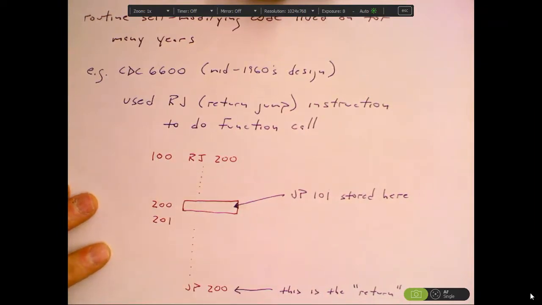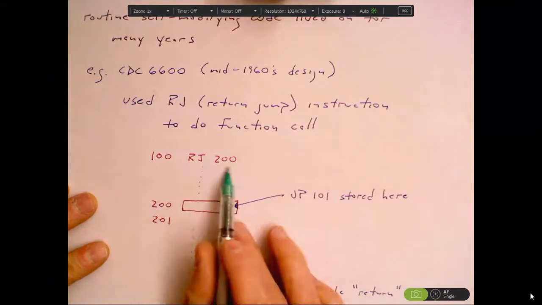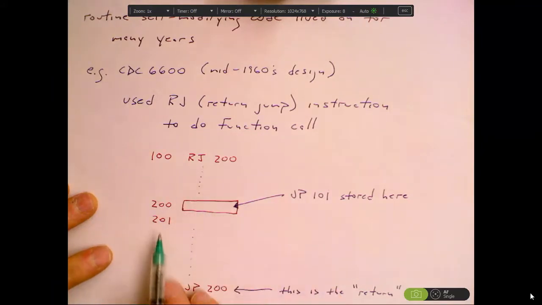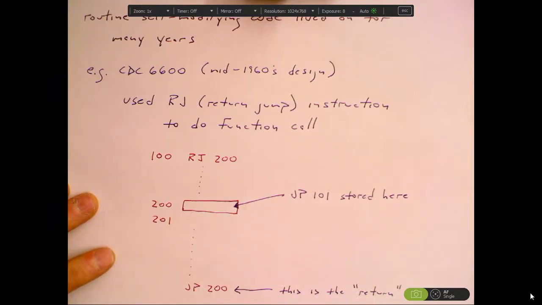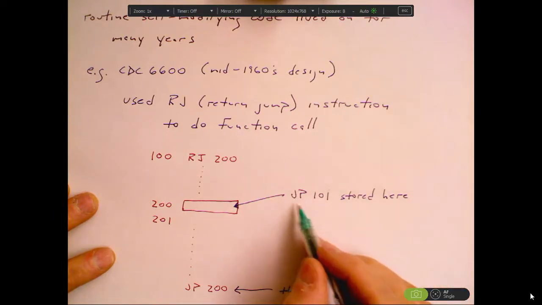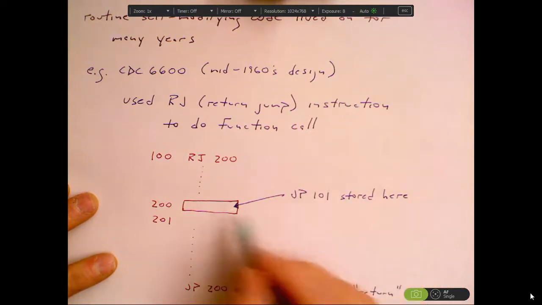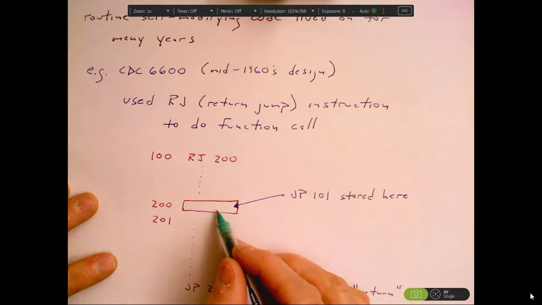If a programmer wanted to call a function, they would do an RJ. If the function entry point was at address 201, they would do an RJ to address 200. And what the RJ instruction did was it stored a jump to 101 into that location 200.